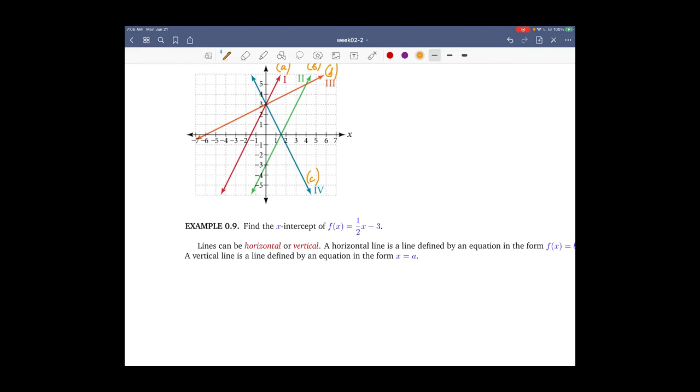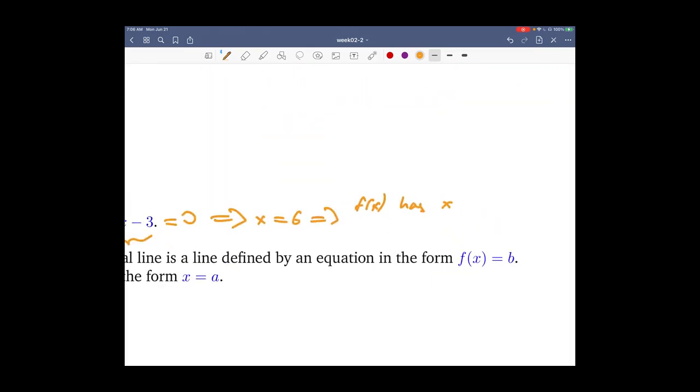For that, we just equate this to 0 and naturally find that x equals 6. So f has x-intercept at the point 6, 0.